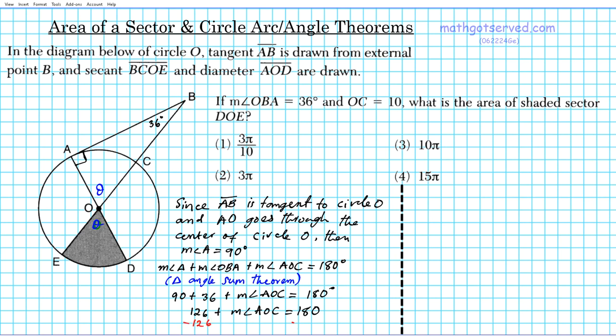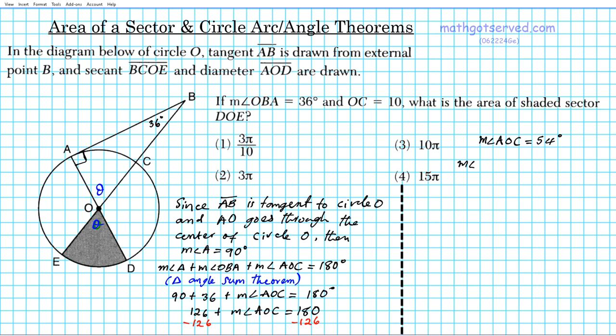That will leave us with the measure of angle AOC. Oh, sorry, 180 minus 126 is 54, so it's 54 degrees. Bam.